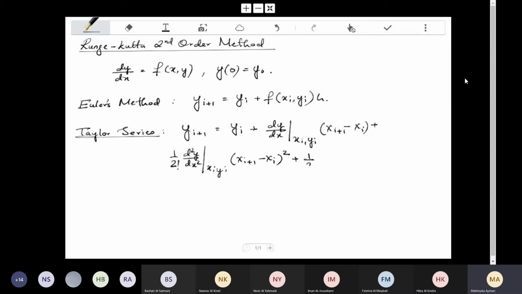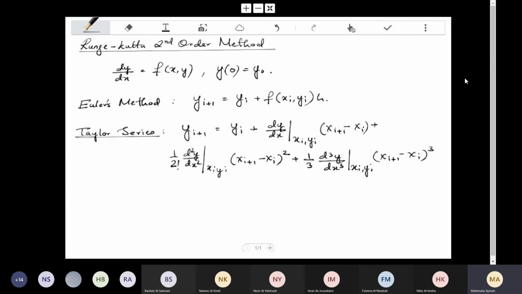Then we have plus 1 over 3 factorial d cube y by dx cube at x i, y i times the distance from x i plus 1 to x i cubed.